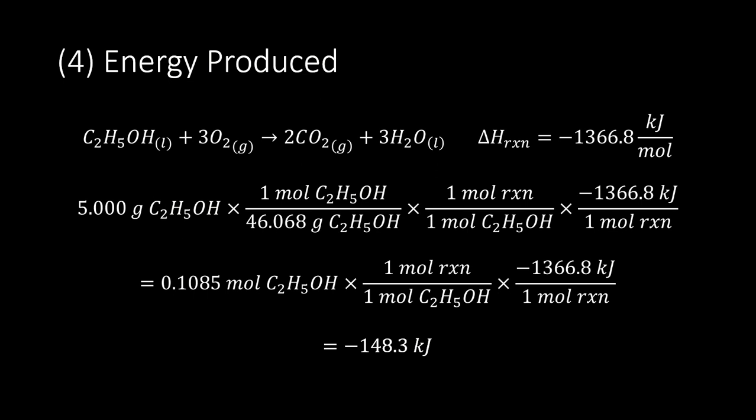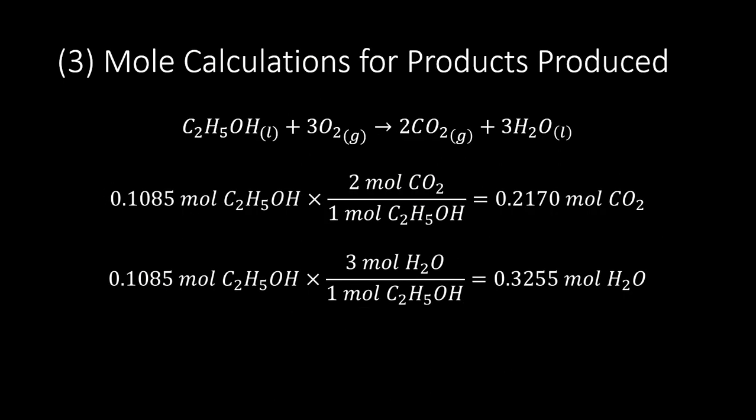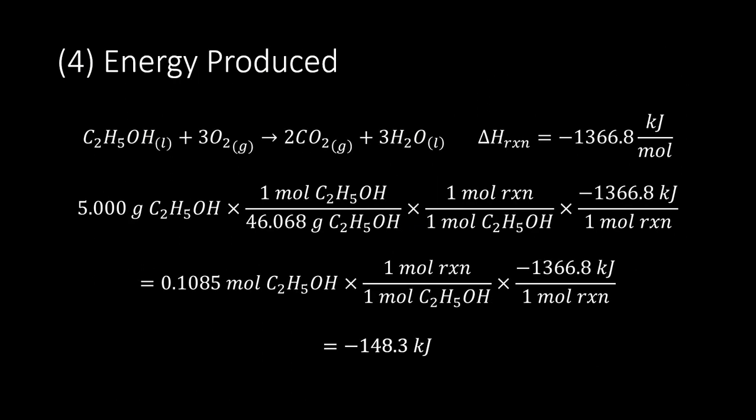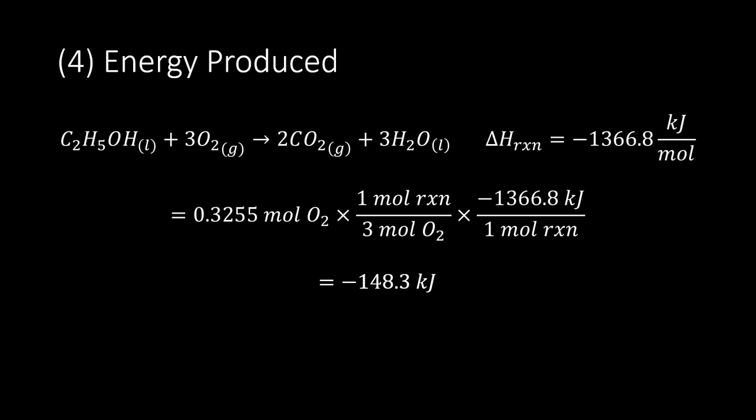We could do the same thing if we use the mole amounts of any other chemical species in our reaction. For example, let's say instead of 0.1085 moles of ethanol, we instead used 0.3255 moles of O2. While you wouldn't have to do this additional step, this is just to explain why we had 1 mole of reaction over 1 mole of ethanol.